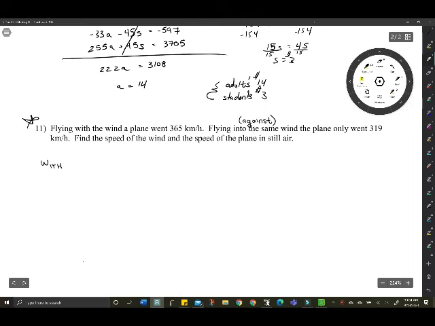So here's our equation with the wind. Okay, well, let's think here. So first off, let the speed of the wind and speed of the plane be variables. Speed of the wind will be x, and speed of the plane will be y. If you're with the wind, and you're traveling, you have the wind's speed working with you, and you also have the plane's speed.